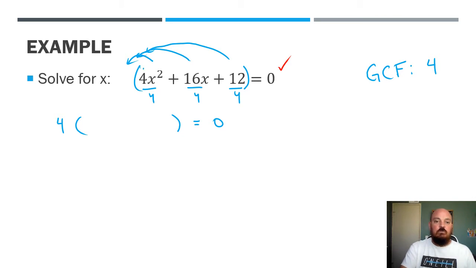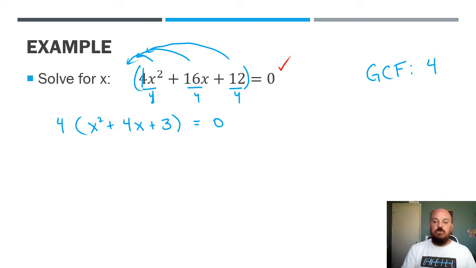The first part, the 4s cancel, and you just get x squared, plus the second part, 16 divided by 4 is 4, and we'll leave the x, plus the third part, 12 divided by 4 is 3. So I factored out the 4. I have x squared plus 4x plus 3. That looks more like our familiar quadratic.